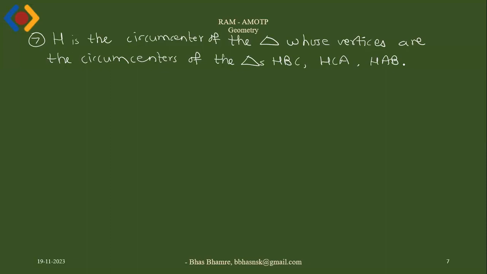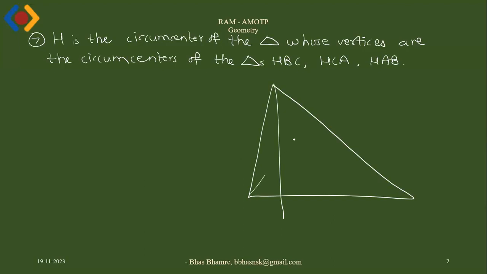Okay, what is it? So if we have this triangle, say H is the orthocenter, then here H, here ABC, then we have here somewhere.